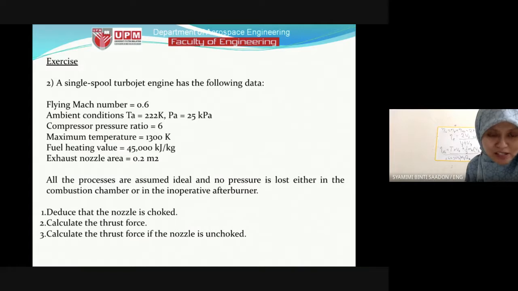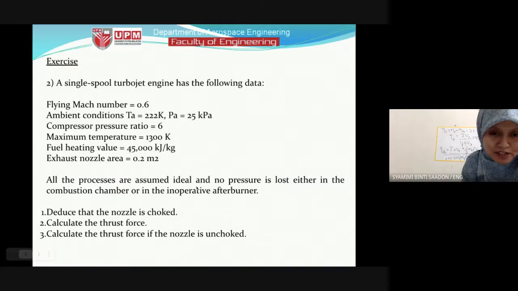Fuel heating value this time is 45,000. Exhaust nozzle area means we have to use the exhaust nozzle area if the nozzle is choked, meaning that PA is not equal to PE. So we have to calculate the pressure thrust.